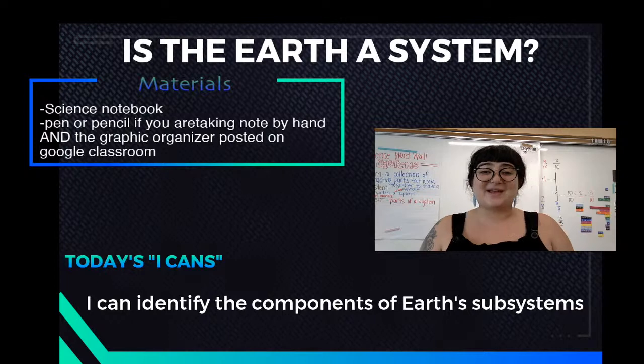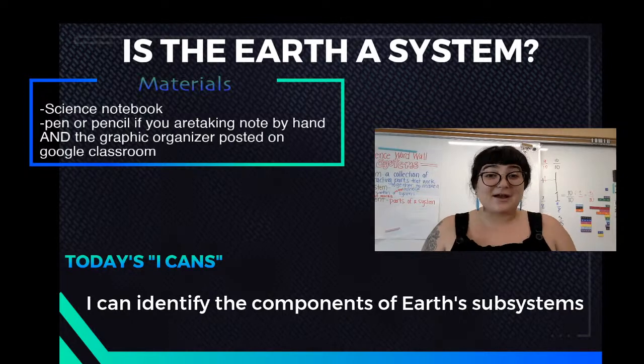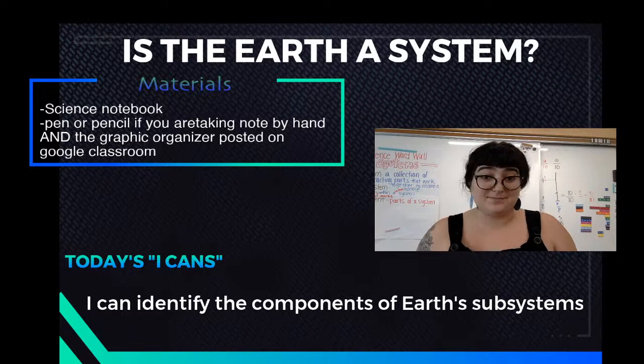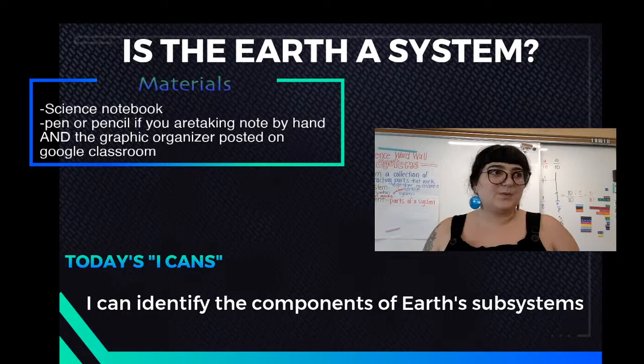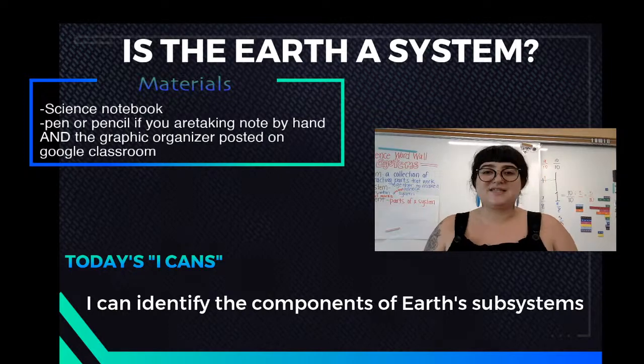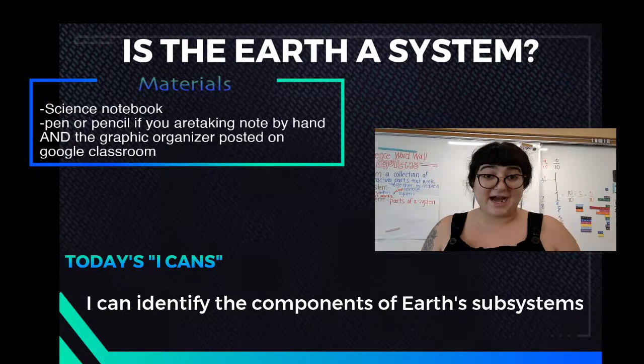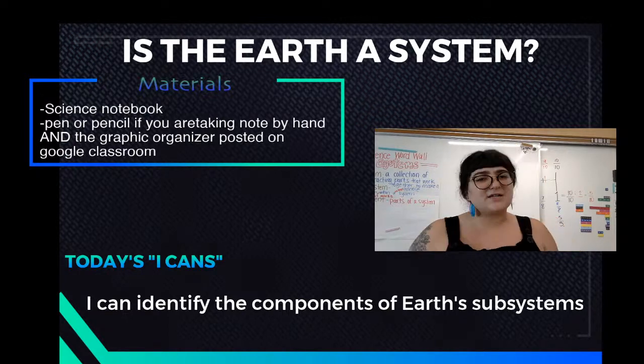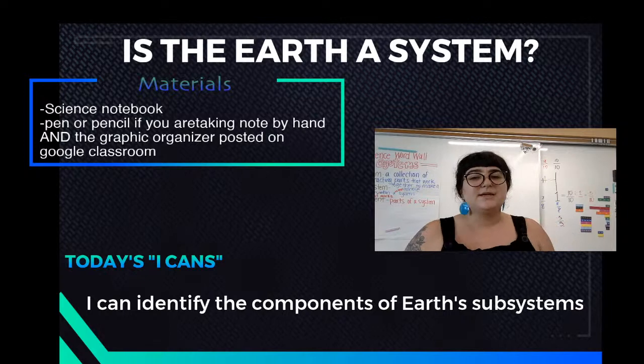Now, take a look. Today's informational lesson is continuing our conversation about systems. Last week we looked at the system of a printer. We talked about other systems that are out there and that you have noticed even in your own house, and particularly, we were talking about systems that were non-living.